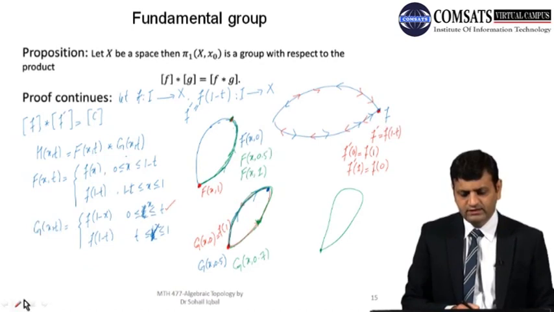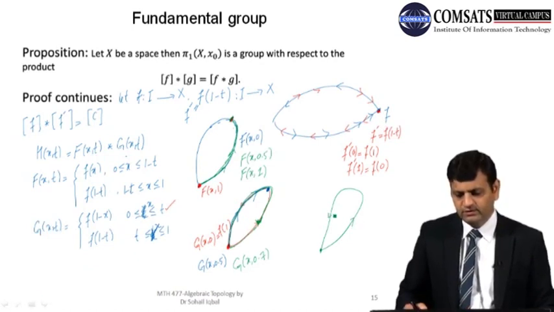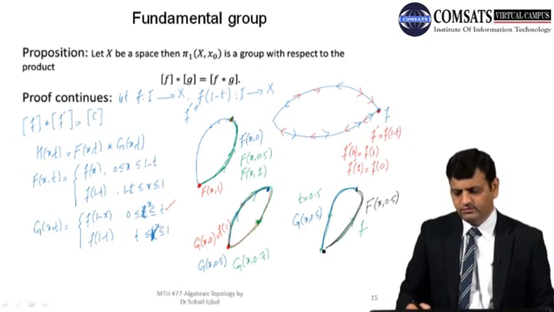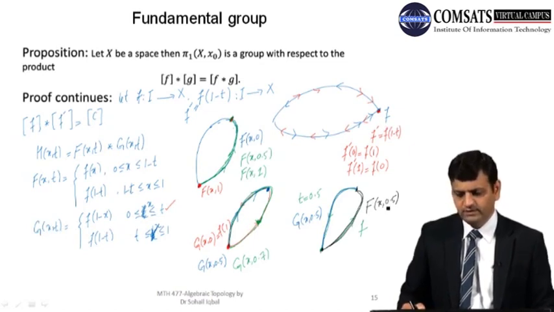If this is the path f and we are moving in this direction, then for t equal to 0.5, this is our g of x 0.5, and this is our function f of x 0.5. We are shortening for f and starting from a point and approaching this f, but in the opposite way.